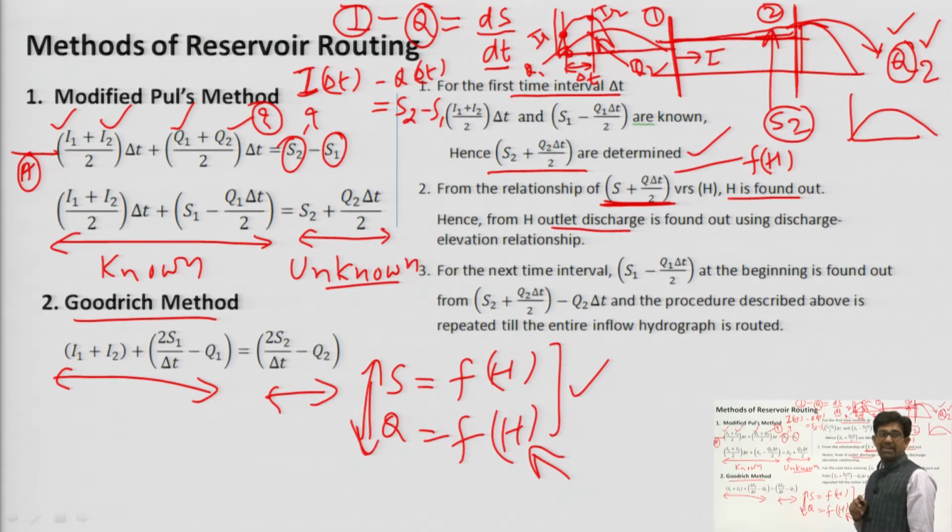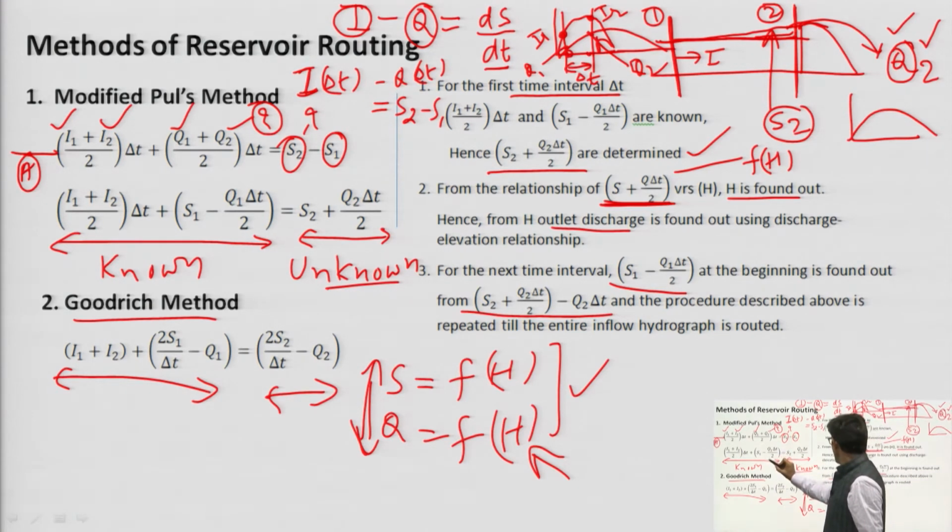In step number 3, for the next time interval, this one parameter, S1 minus Q1 into delta T by 2 at the beginning, is found from this one expression for the next increment. So, this one parameter will be this.